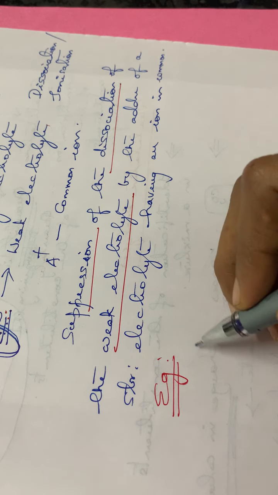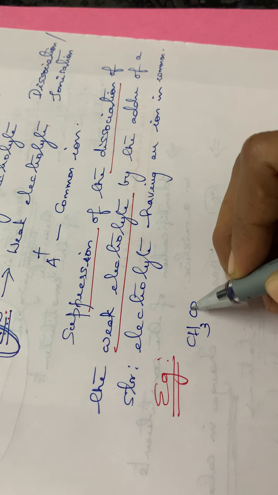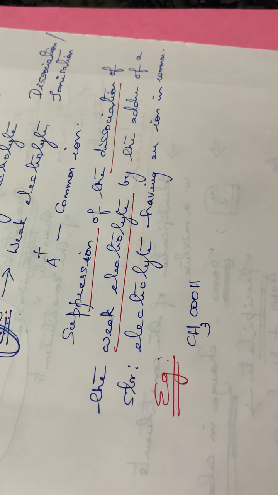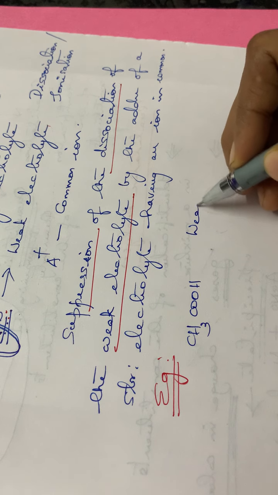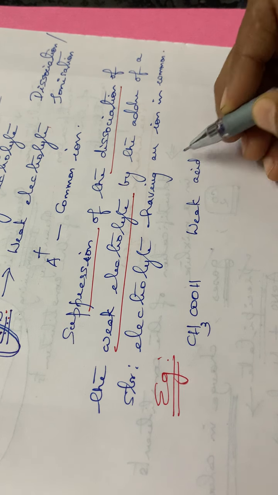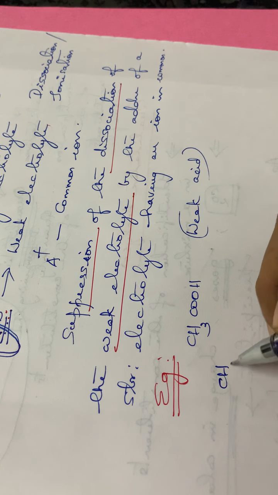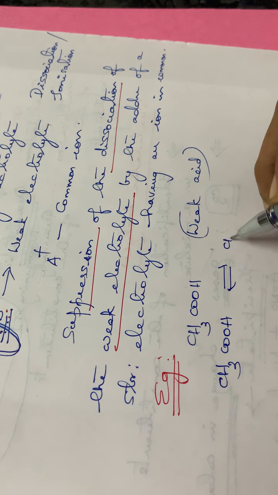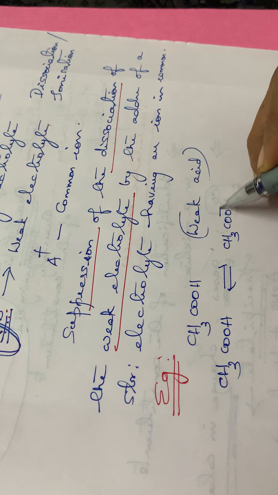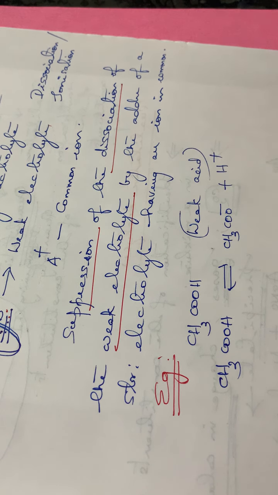Say, for example, acetic acid. Acetic acid is a weak electrolyte, or a weak acid, and in water it will be ionizing, or dissociating, as CH3COO minus plus H plus.